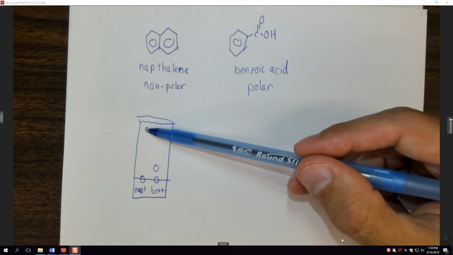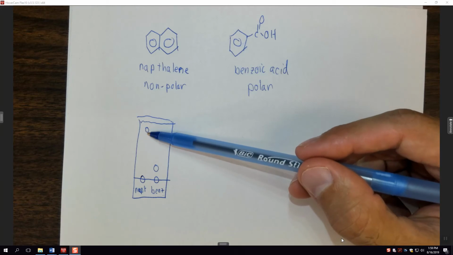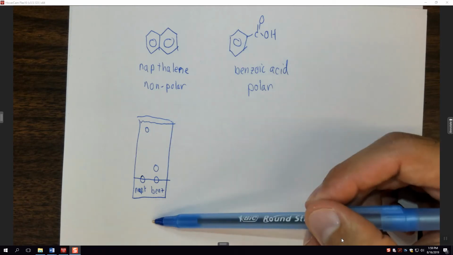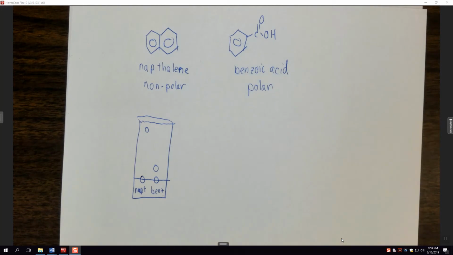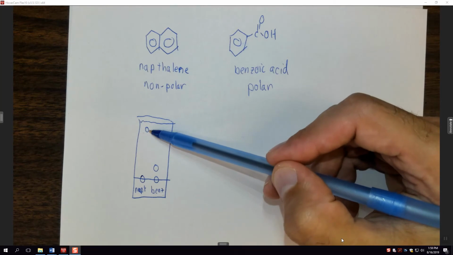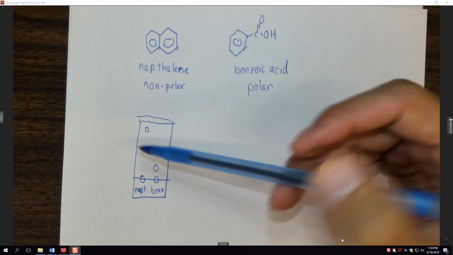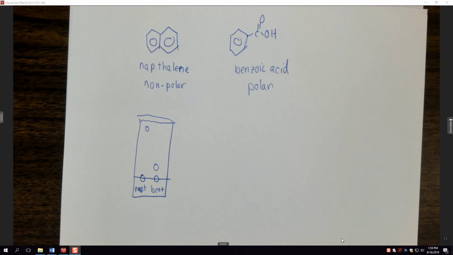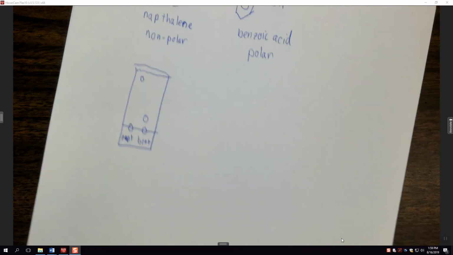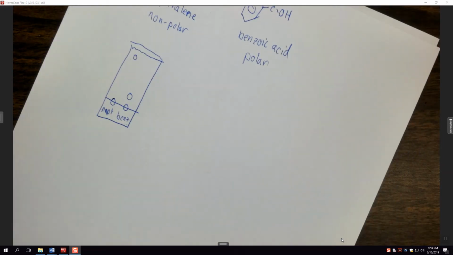Naphthalene travels very far because it has a stronger affinity for the nonpolar mobile phase. Benzoic acid travels less far because it has a greater affinity for the polar stationary phase. And you could say these both the opposite way. This one has a relatively weak affinity for the polar stationary phase, and this one has a weaker affinity for the nonpolar mobile phase. So that's essentially how it works.